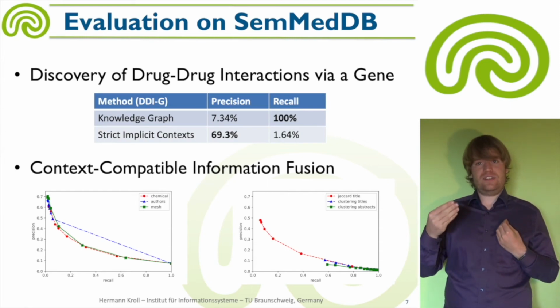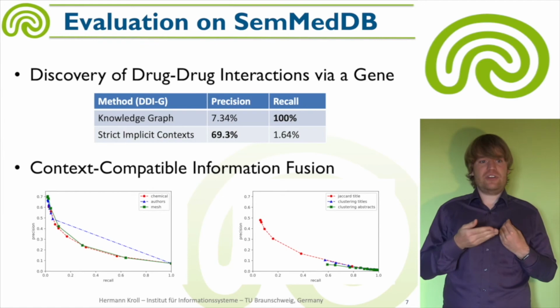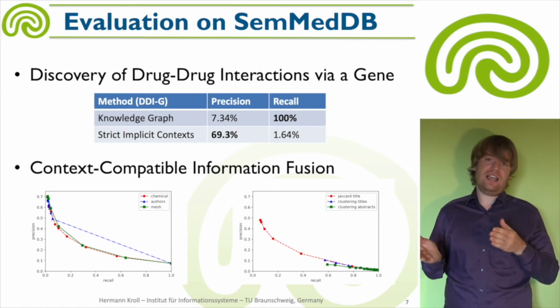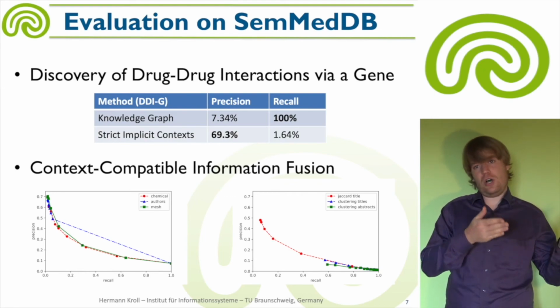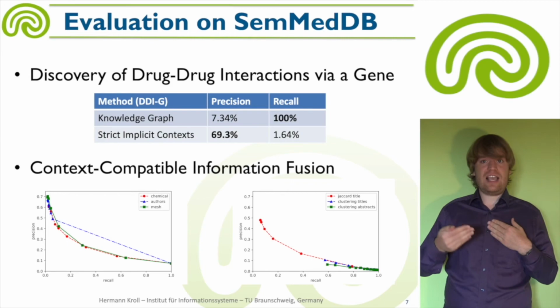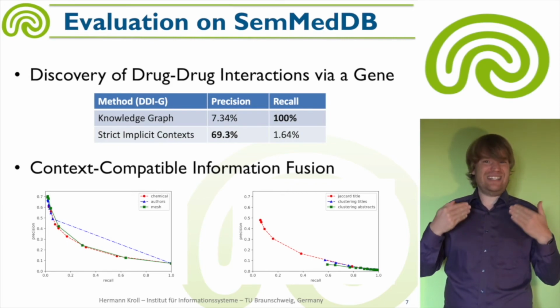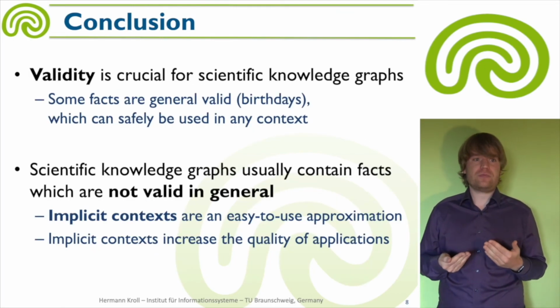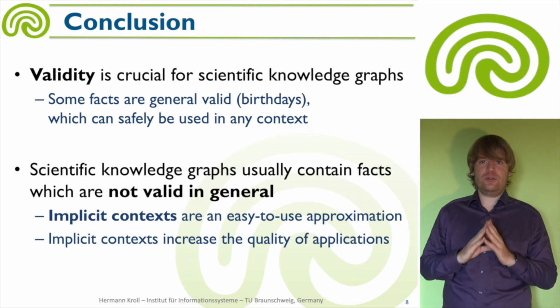And like you can see in the bottom of my slide, here are precision recall curves, and if you choose different thresholds, you can decide how important precision is or how important recall is for your concrete application. So this experiment demonstrates that implicit context models are already ready to work and that you can use them in your application.